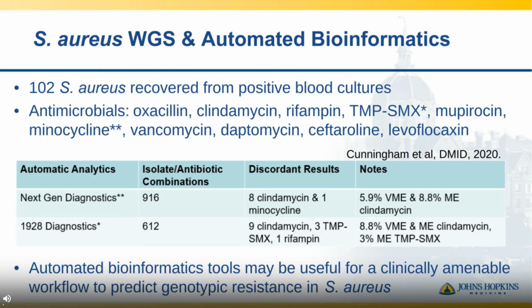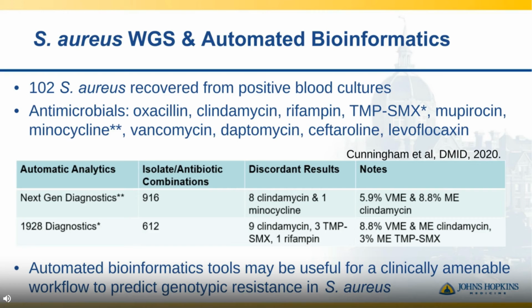But overall, it was really encouraging to see a high concordance between the predictions and the phenotypic AST results, where there was 100% agreement with oxacillin, vancomycin, and mupirocin for all three of these pipelines. But you do see that there were some discordant results that occurred, and if you look at the error rates associated with those discordant results, they would be outside of what would be acceptable for an FDA-cleared assay.